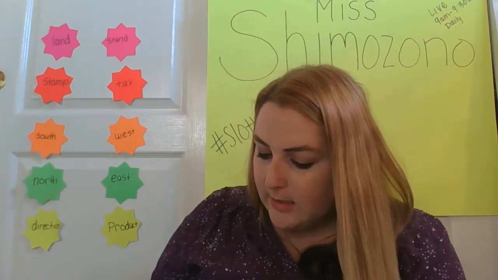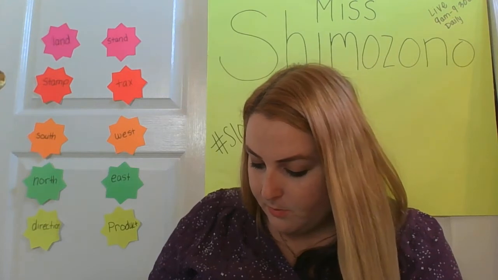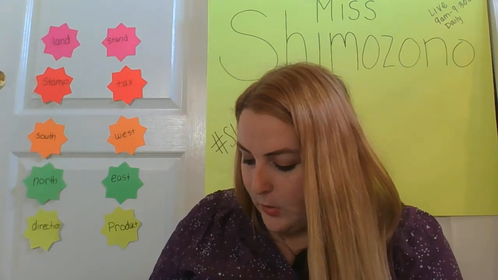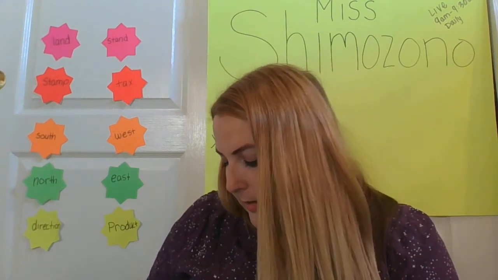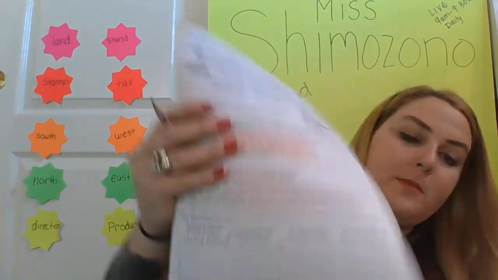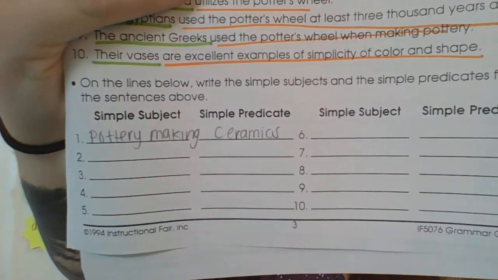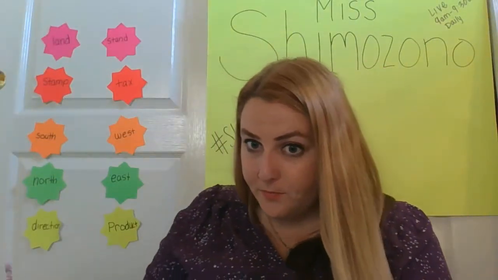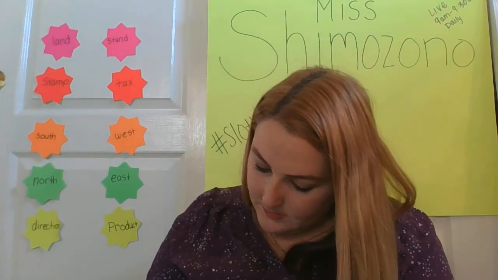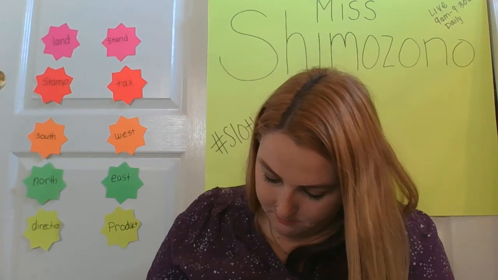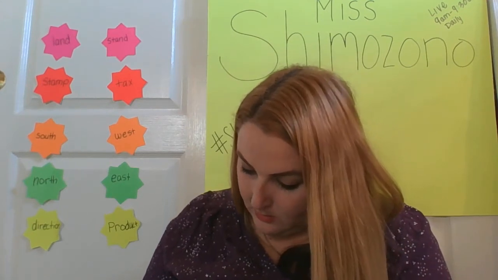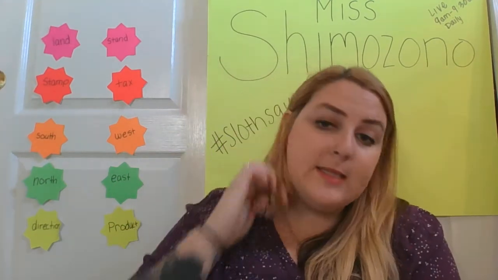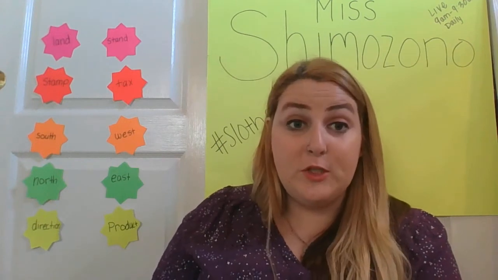So the subject is pottery making, and the simple predicate is ceramics. I'd like you to try 2 through 10 on your own. I will be reading the sentence and you will choose your answer.